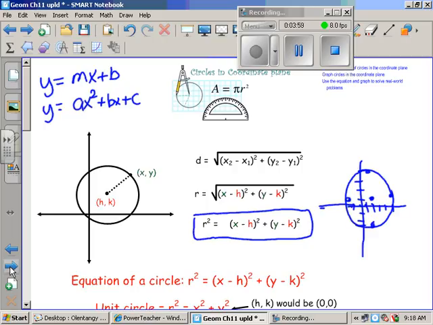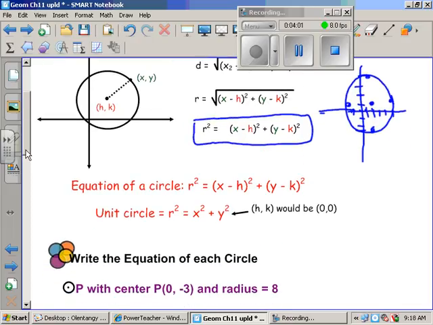All right? And then just a quick note, I'm sure you guys already know this, but if the center is at 0, 0, technically, wouldn't the equation look like this? R squared equals x minus 0 squared plus y minus 0 squared, right?